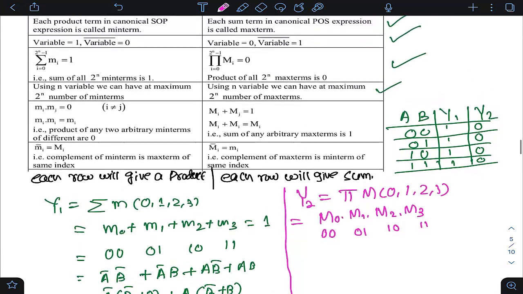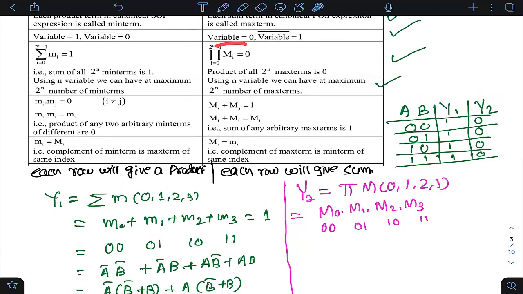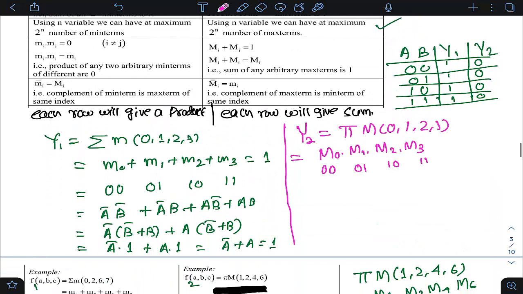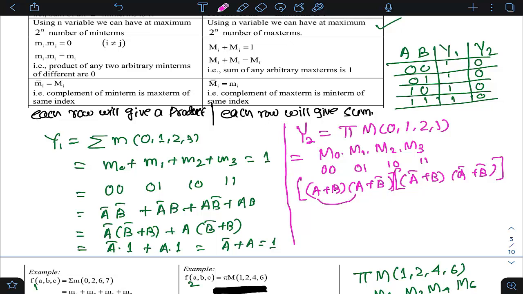In Maxterm notation, 0 is variable, 1 is variable bar. So it is A plus B, A plus B bar, A bar plus B, and A bar plus B bar. Let me take the first two terms as one bracket, and the other two as another bracket. Here the first variable is the same. The answer is the first variable plus the product of the second variables.